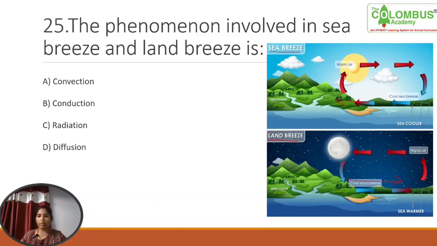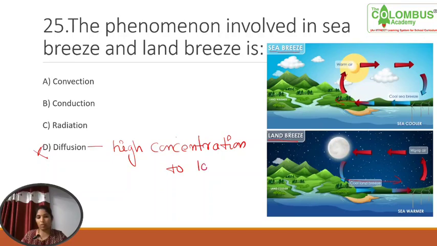Now, the phenomenon involved in sea breeze and land breeze is what? Convection, conduction, radiation, diffusion. Diffusion. So what does diffusion mean? Diffusion is not the answer. Moving of particles from high concentration to low concentration, we call it diffusion.